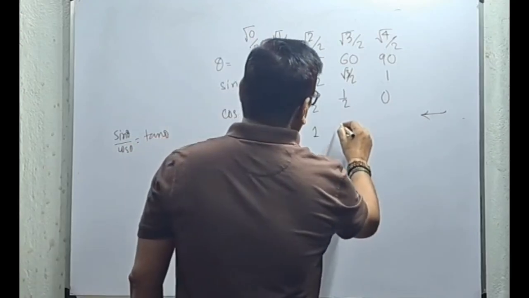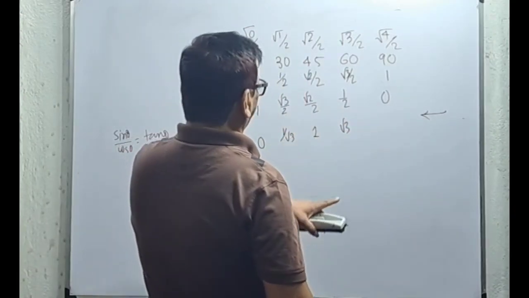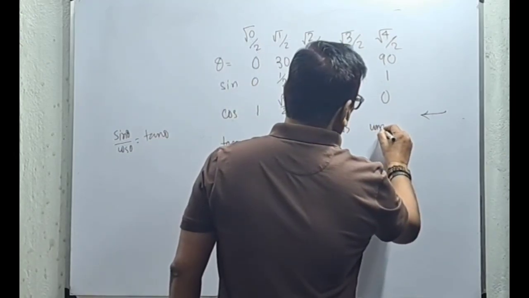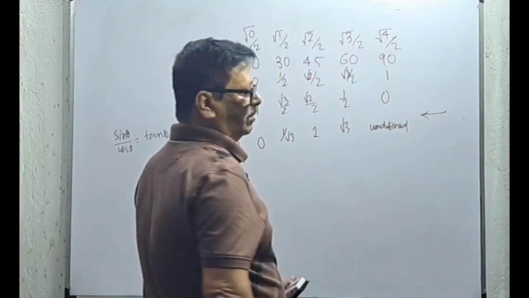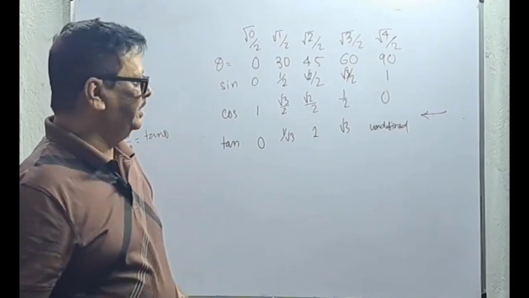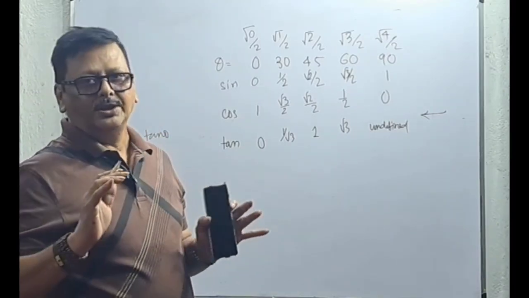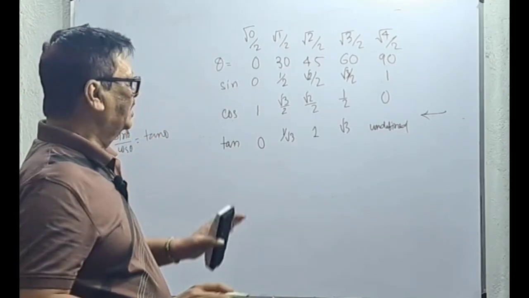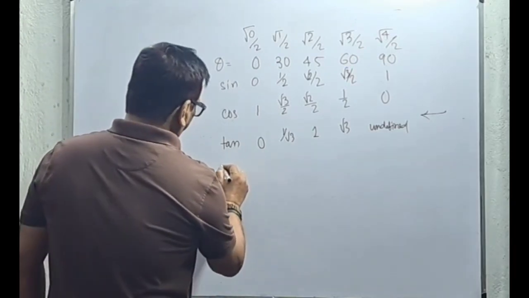And this will be root 3. And here sine theta by cos theta, cos 90 is 0, so undefined. There are doubts about undefined and infinity. There are differences between the two. Infinity is a concept, undefined is not a number at all.